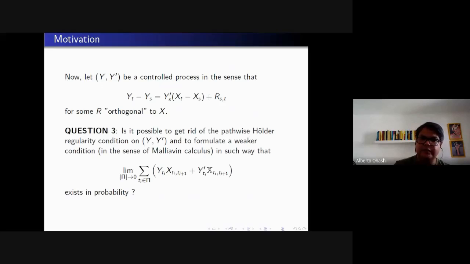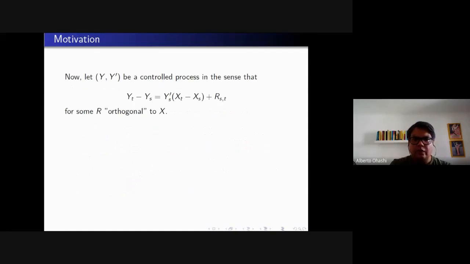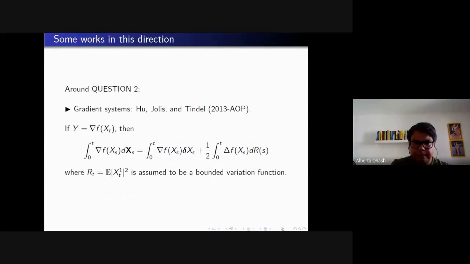The question is the following: is it possible to get rid of the pathwise Hölder regularity condition on the couple and to formulate a weaker condition in Malliavin calculus in such a way that this expression here converges in probability? Pay attention that I'm not saying convergence path by path, omega by omega, but the probability measure here is very important for us to address this question. Okay, so in this talk, I'm going to discuss these two questions. If I have time, we can discuss question 3.